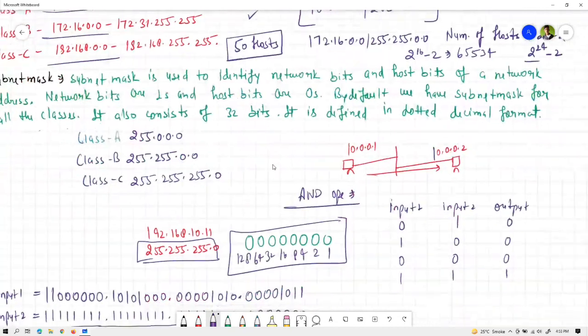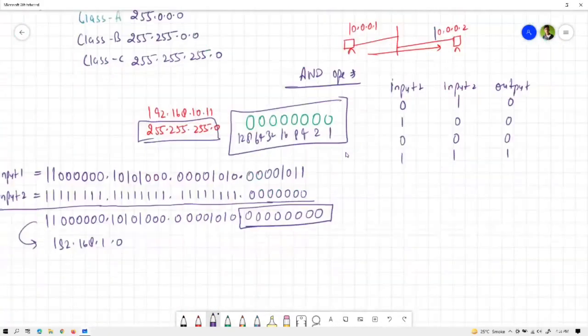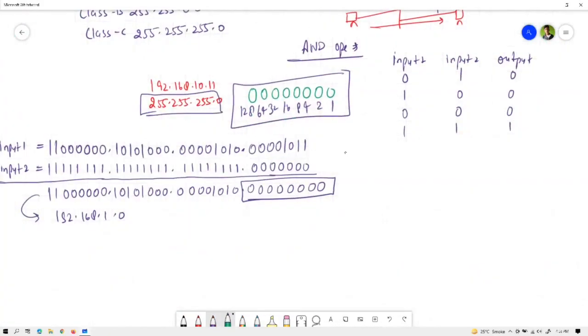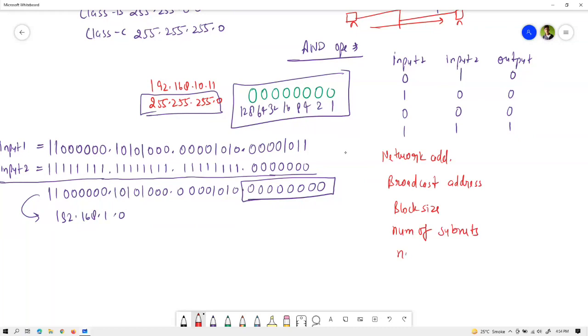Okay. So we will see subnetting, and before moving towards subnetting, I will tell you about the network address, broadcast address, block size. We have discussed subnet mask. We will discuss the number of subnets and number of hosts.